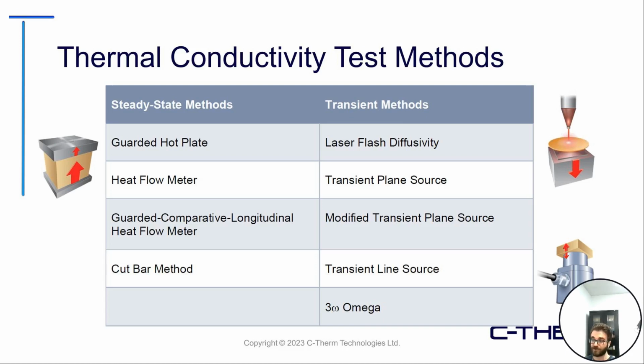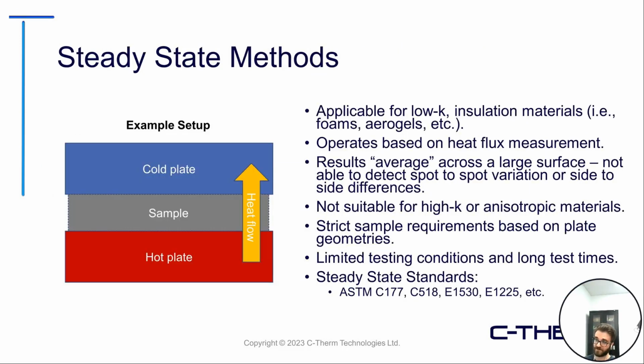So they are two very different approaches to the measurement of thermal conductivity, with certain benefits and advantages to each. I'm not going to go into a really in-depth explanation on this, but I will just highlight some aspects of steady state methods for those who are looking to get some background knowledge.